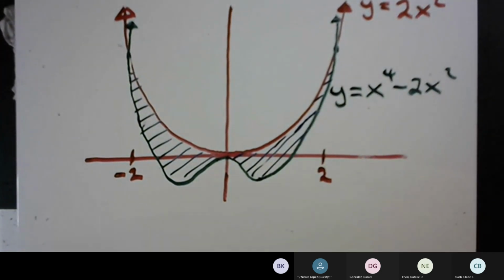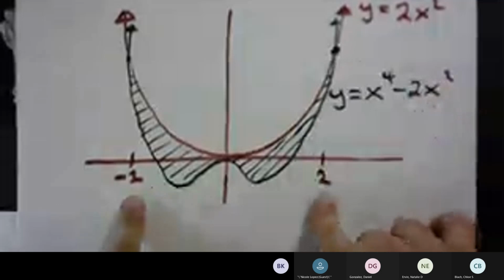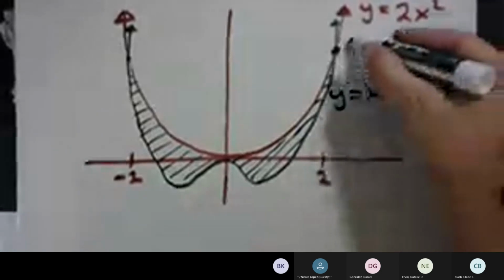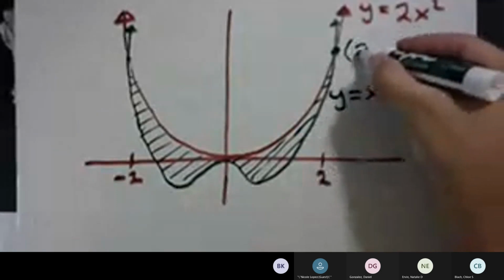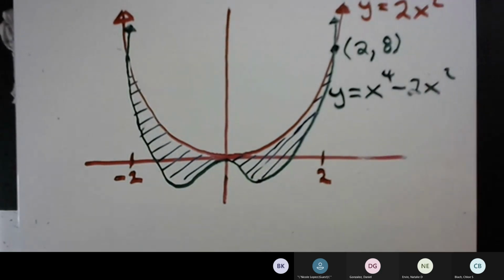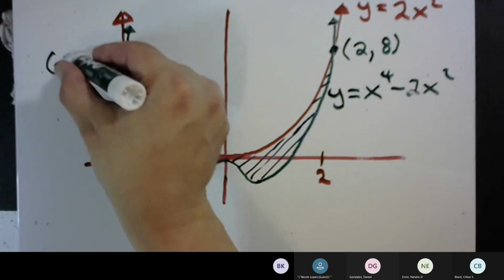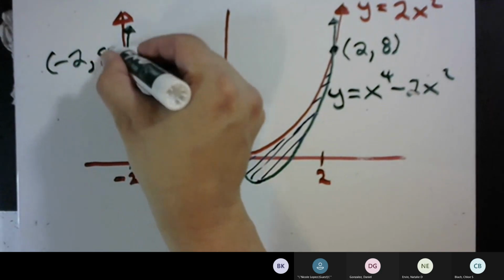So that's the area between the curves. Now, where these intersect, and the reason I picked out these two values of x is that's where you get the intersection. 2 and 8. And then we have -2 and 8.